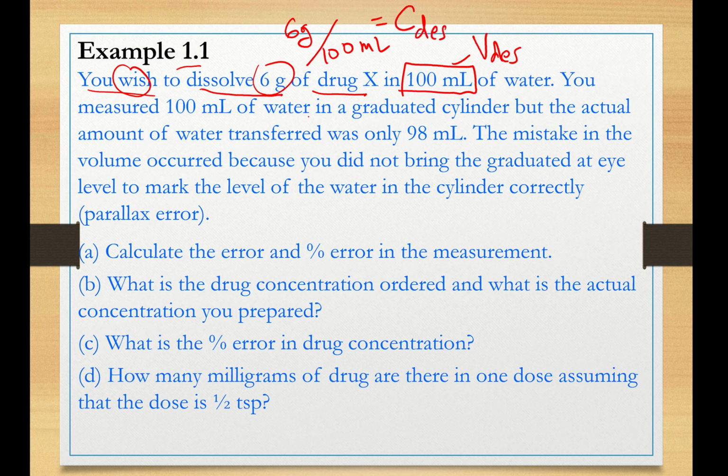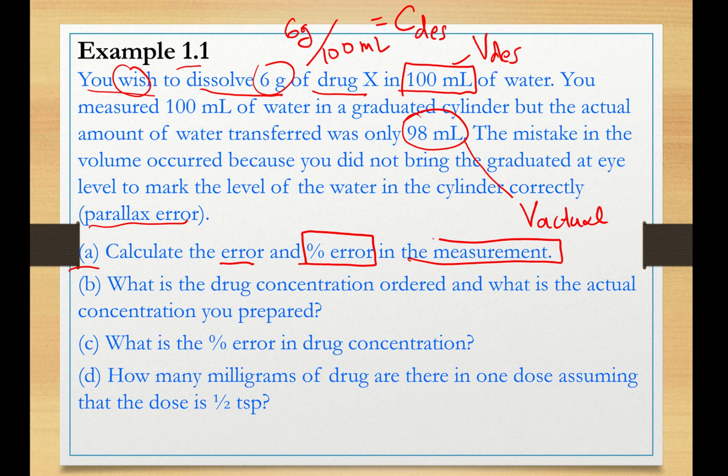You measured 100 ml of water in a graduated cylinder, but the actual amount of water transferred was only 98 ml because of a parallax error. So this is really the V actual, the actual measurement. A, you need to calculate the error and percent error in the measurement. Be very cautious with that, in the measurement.